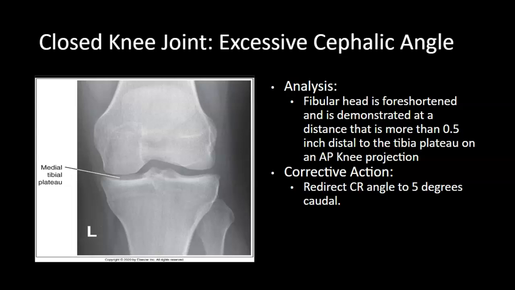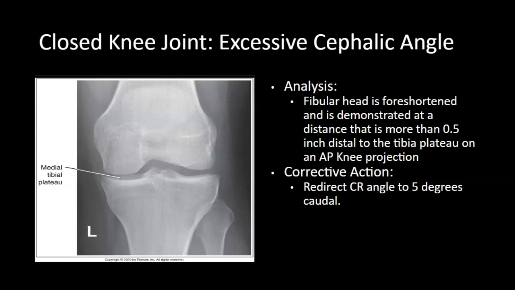In order to correct this, you're going to need to redirect that central ray 5 degrees caudal. So I like to think about looking at the projection. Is my joint space open? No. Where's my fibular head?